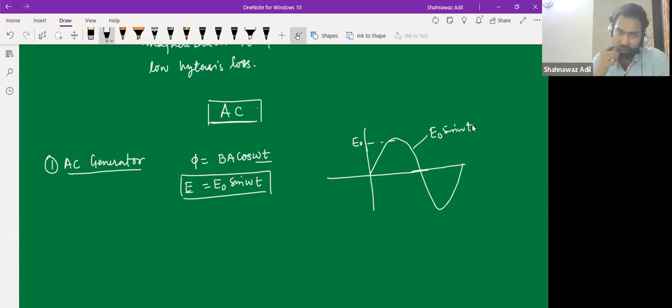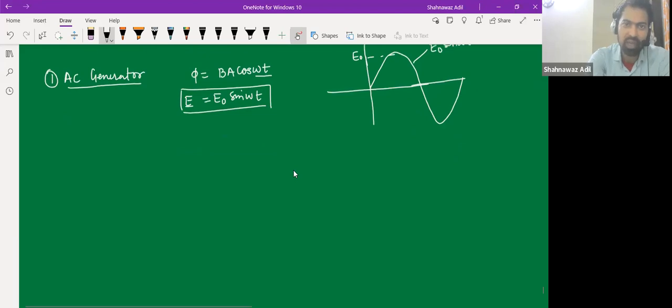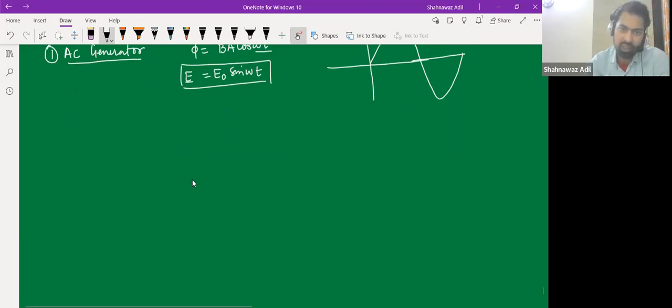And then we connected this AC supply. After that we calculated the average EMF in the full cycle, which was what, guys? Yes, everyone, what was this?